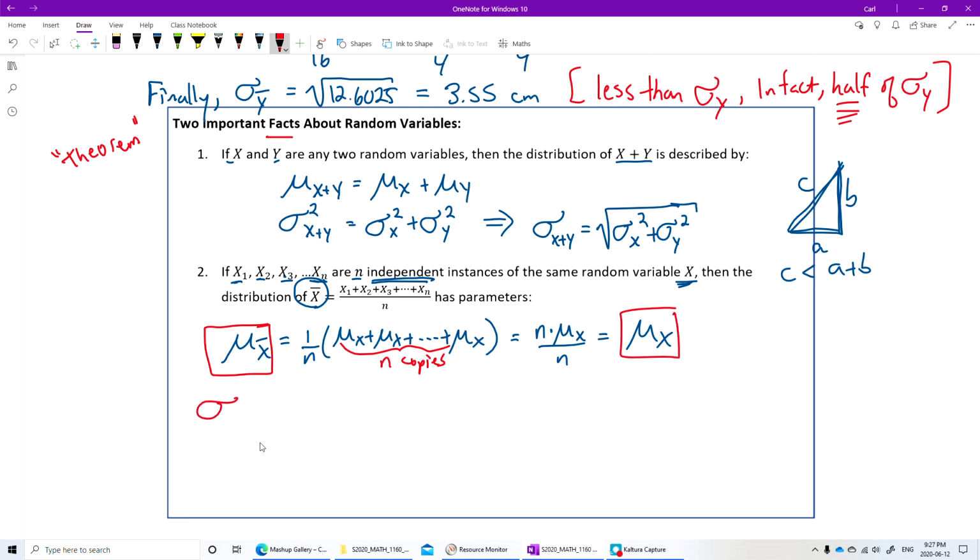And the variance, sigma squared, so the variance for x bar, is where that tricky part came in. When I divide by n, it becomes dividing by n squared because it's a parabola.